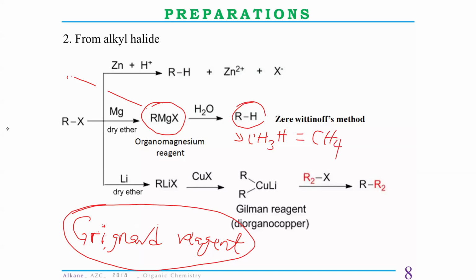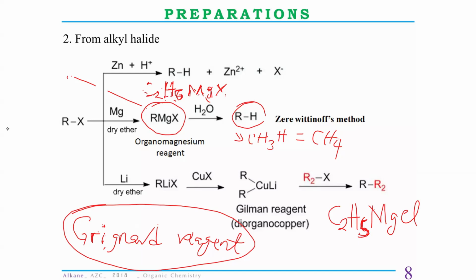As another example of a Grignard reagent, R can be C2H5, sorry, not H6, H5 is supposed to be 5 here because it's an alkyl, then magnesium, then say chlorine.